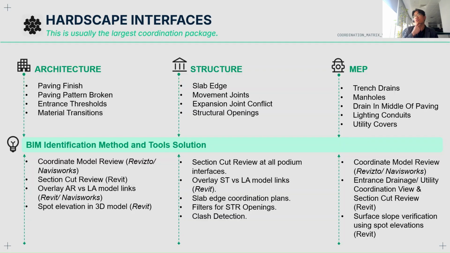We're going to go through some example cases later, where we demonstrate on real projects. This is just a summary of some of the major objects we're going to be working with from the hardscape discipline.